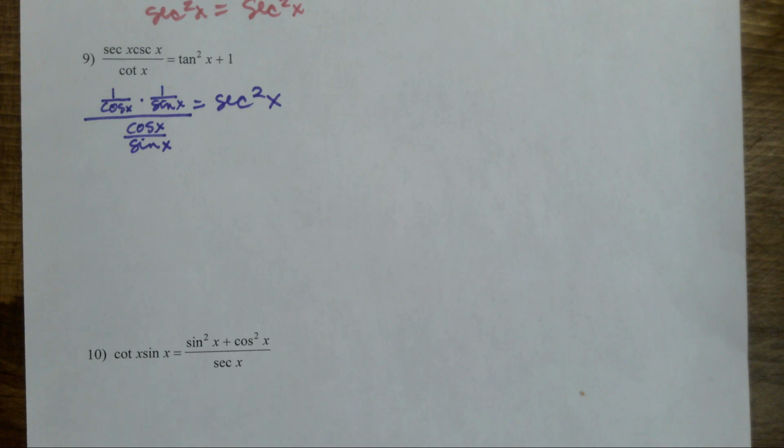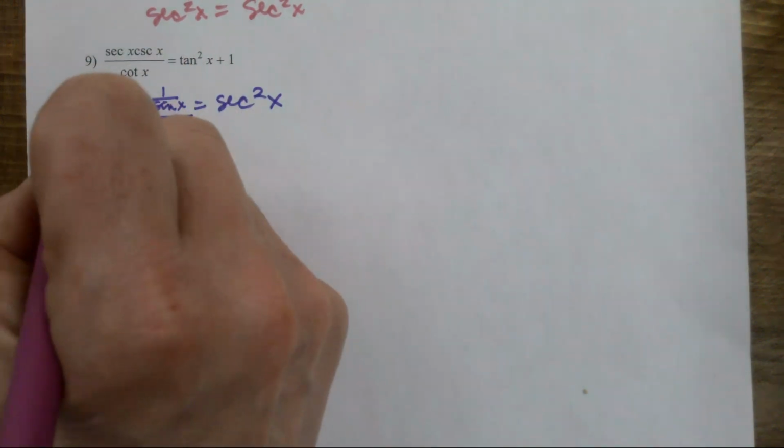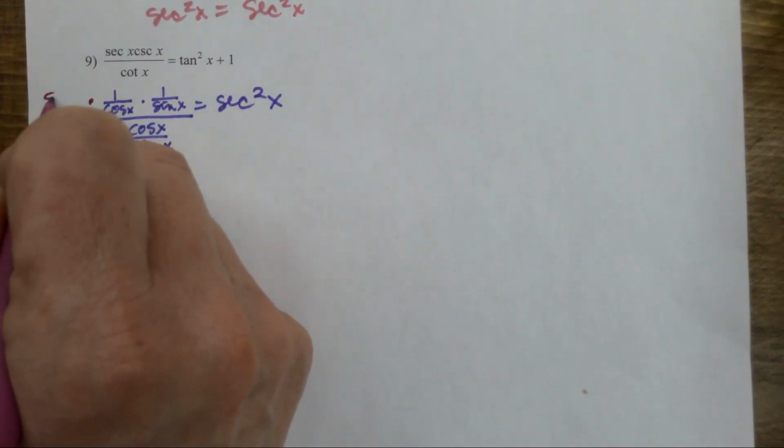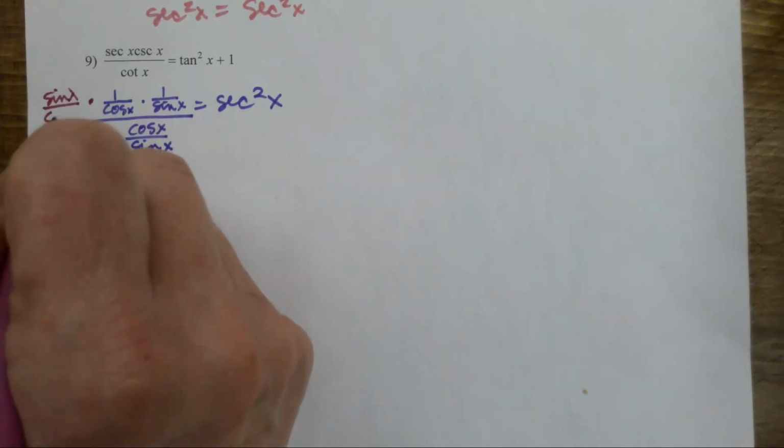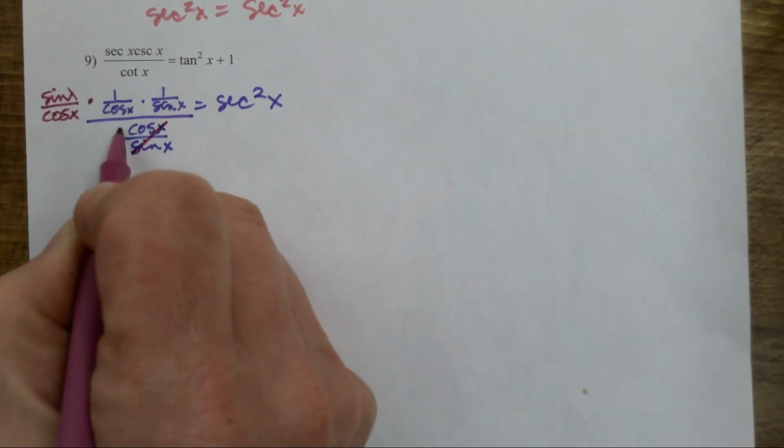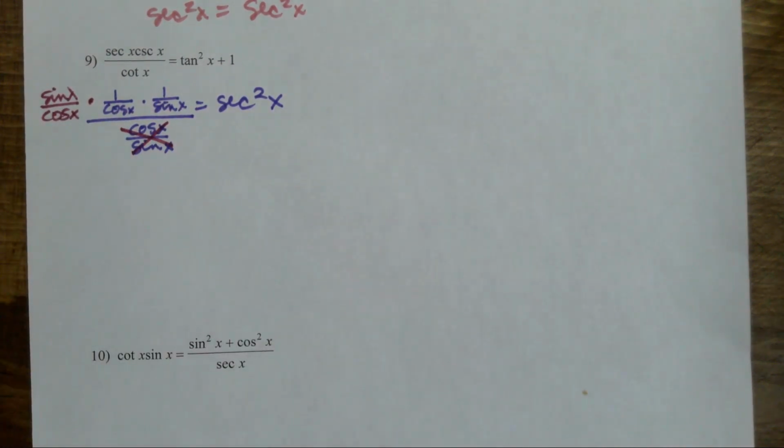So this is times sine over cosine, and that is gone now. I flipped and multiplied. Notice I'm sort of taking some shortcuts, but I'm showing what I'm doing.